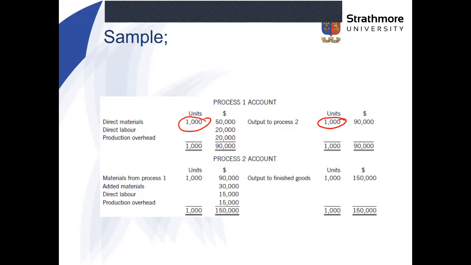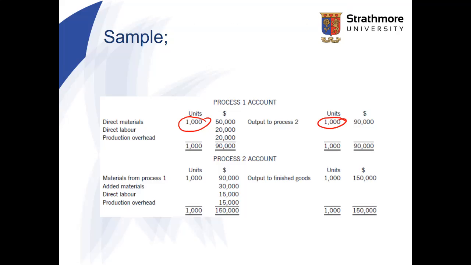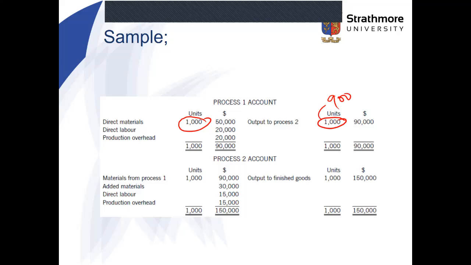So the input is not always equal to the output. The output here can be, for example, 900 units. But don't forget the output here becomes the input in this particular process 2, with the same cost, the same cost that was incurred here also.